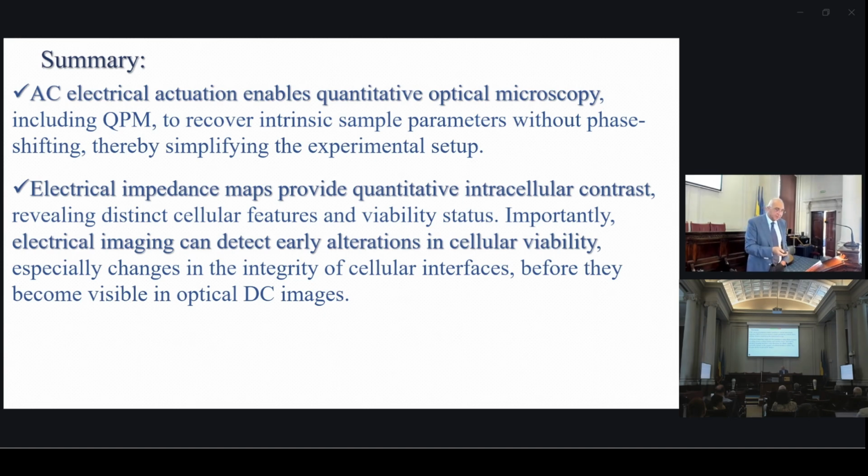Electrical impedance maps, which I think is actually the most important result that I wanted to show you, provide quantitative intracellular contrast revealing distinct cellular features and viability. So the fact that it is possible in a couple of minutes to gain information about the alteration of cellular viability without labels was a result that made me think that could be a way to go.